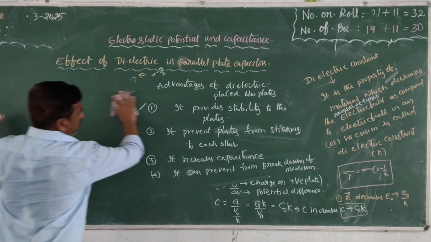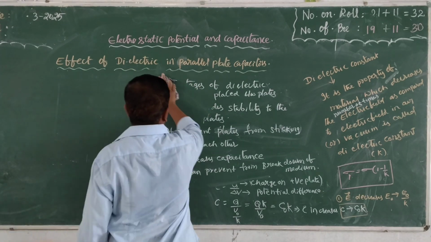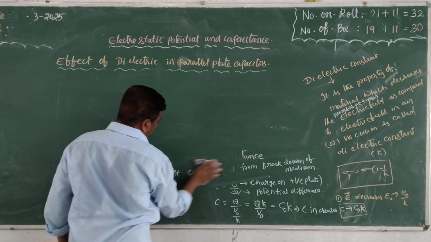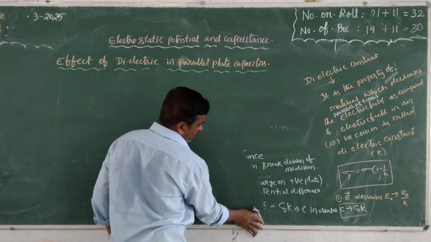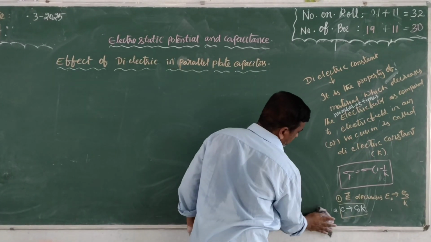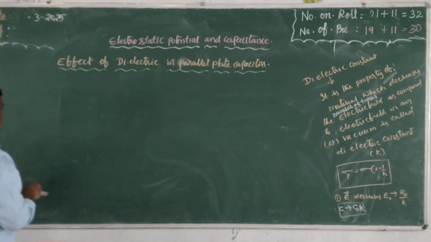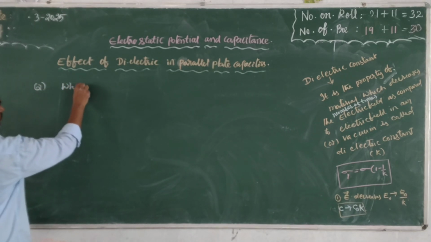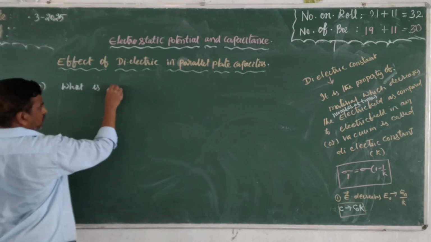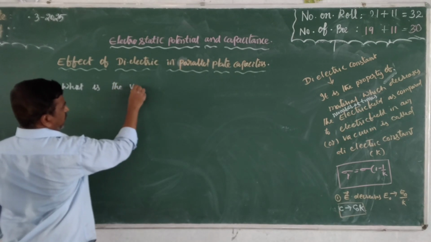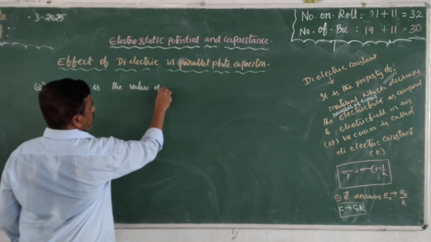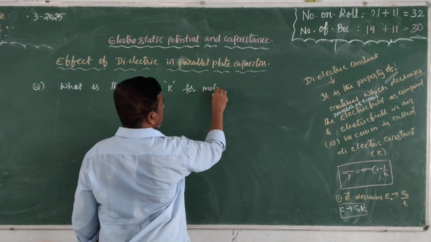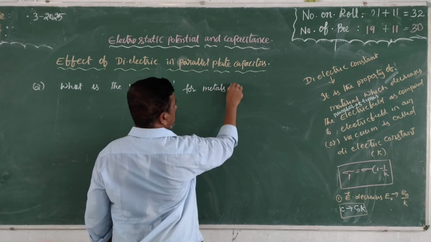Now we discuss what is the dielectric constant for metals or conductors. What is the value of K for metals or conductors?